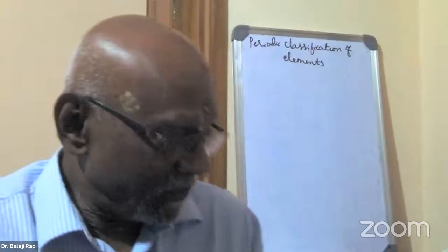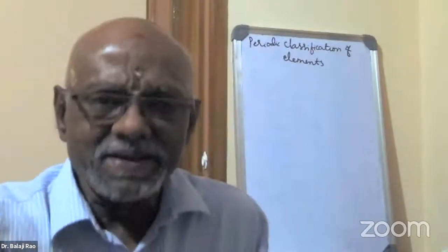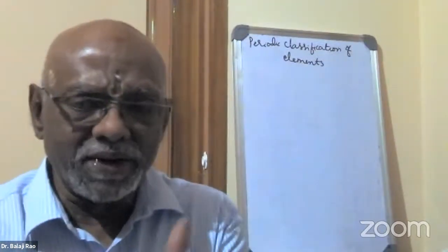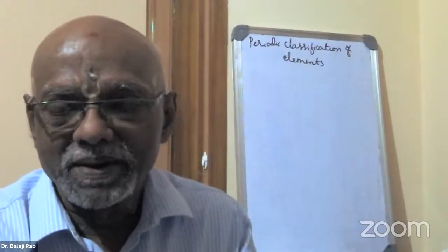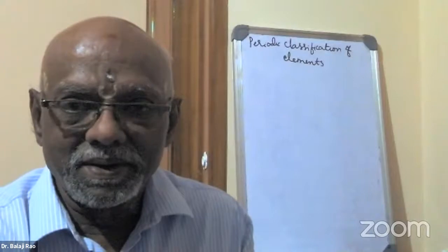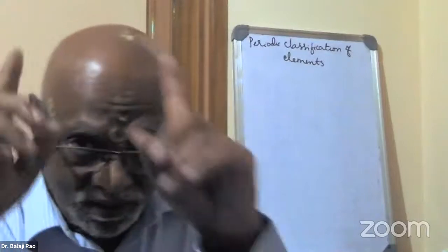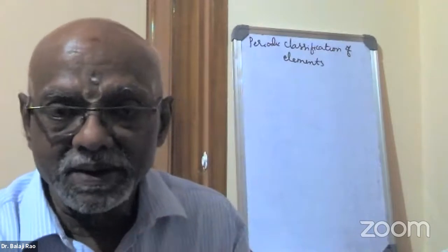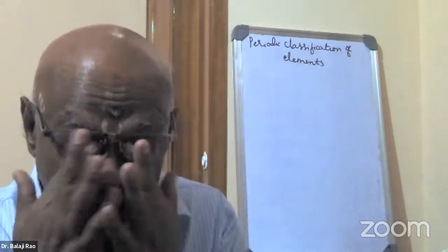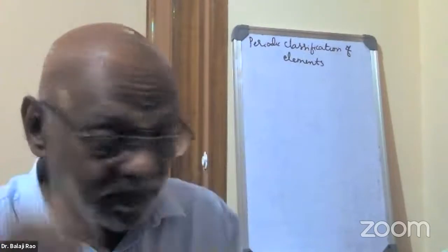Now we come to classification as the current trend needs, because all this is not going to fetch you a job tomorrow. This is not going to fetch you a seat in a so-called good institution. So we need to concentrate on our curriculum. On that footing, we start with a timeline.